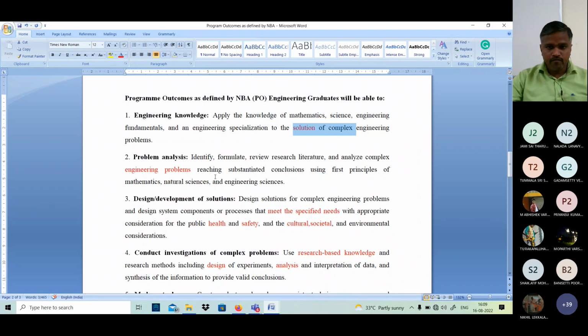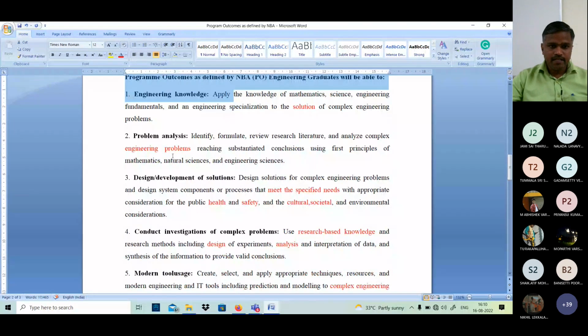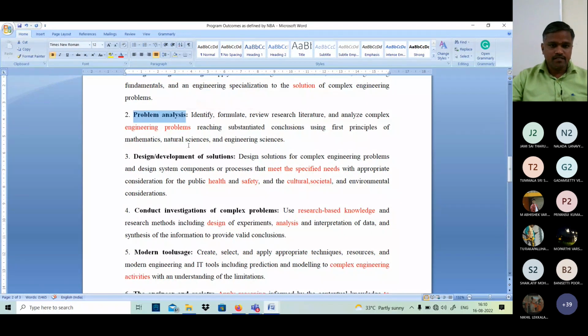So after completion of the BTech program, you are able to find the solution for complex problems by using your knowledge. This is the meaning of this statement. Second statement, problem analysis.